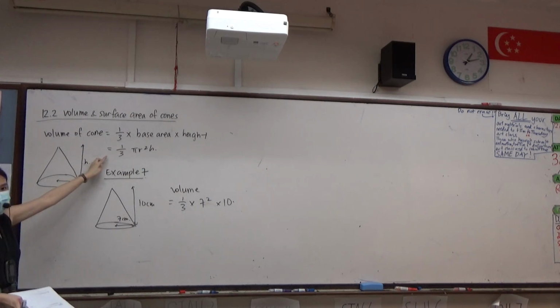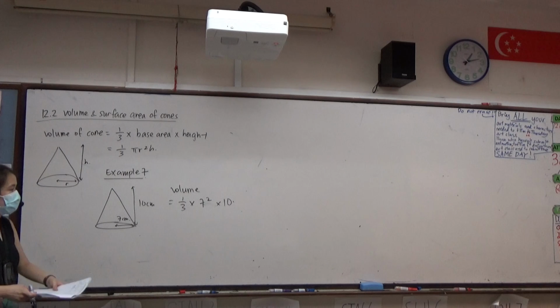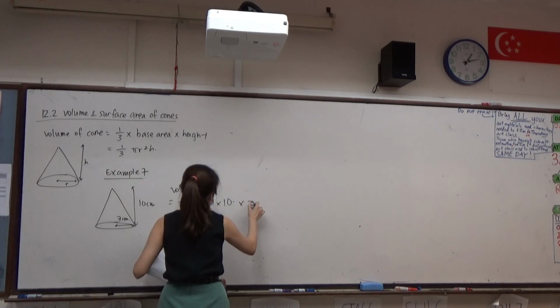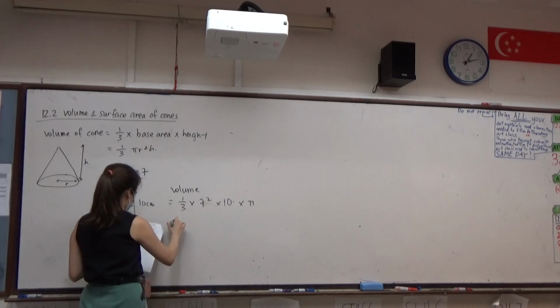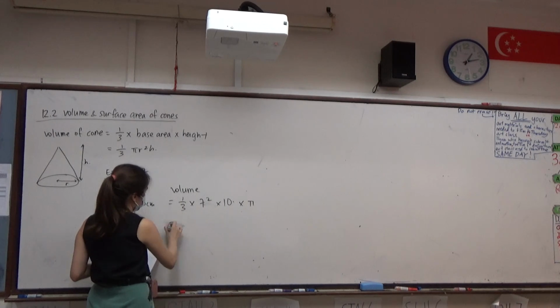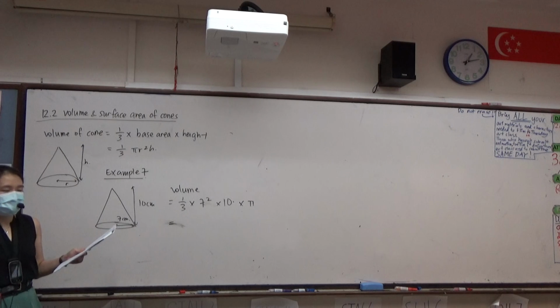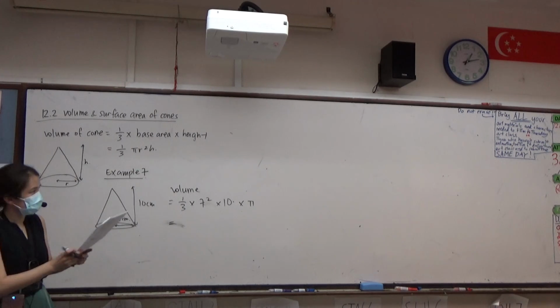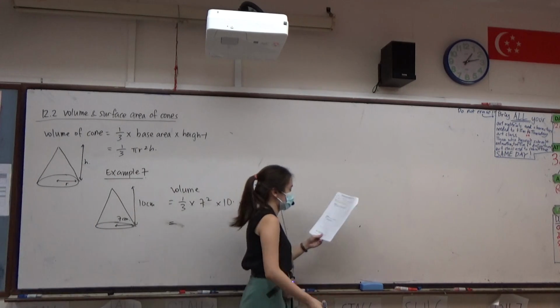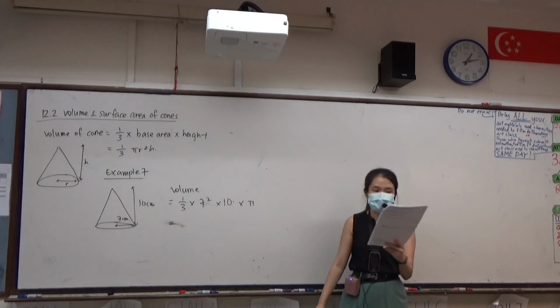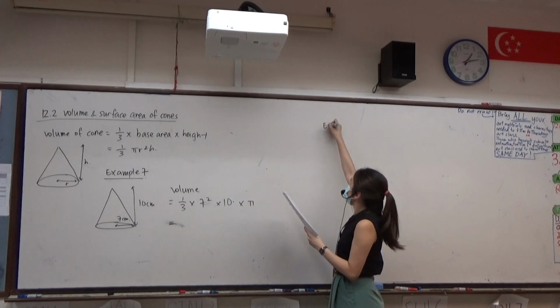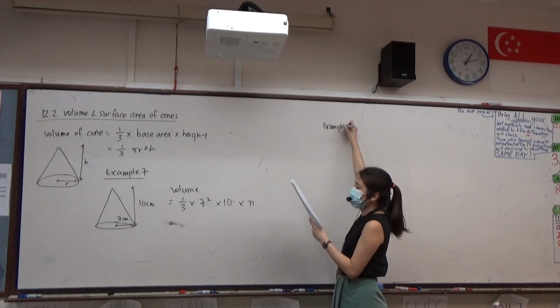Read the formula. That's pi, right? The final answer is 1,680.